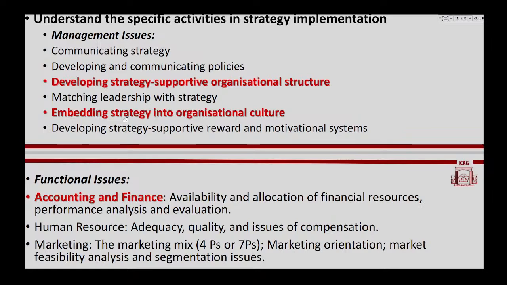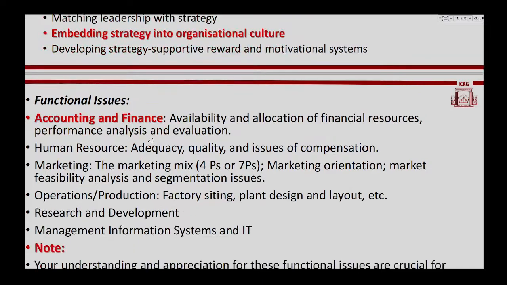So looking at the cultural web, looking at other aspects of organizational culture, the seen and unseen part of organizational culture. And also then we come to what? Reward and motivational systems. Are you getting it?